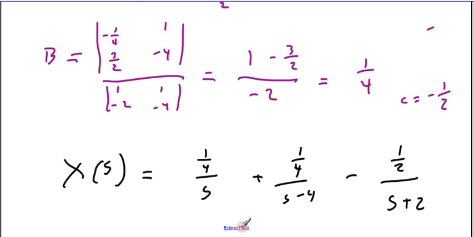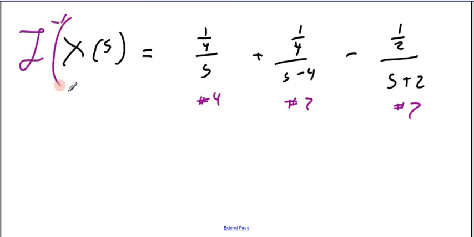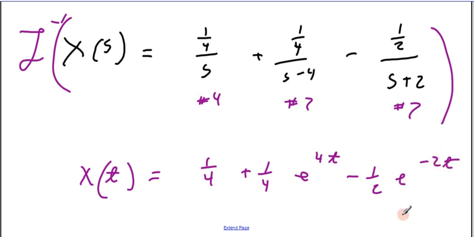And we see that this guy's number 4, number 7, the inverse Laplace transform, x of t is going to equal 1/4 plus 1/4 e to the 4t minus 1/2 e to the minus 2t. And as luck would have it, that checks in back of book 2. And that ends the first video for this section.